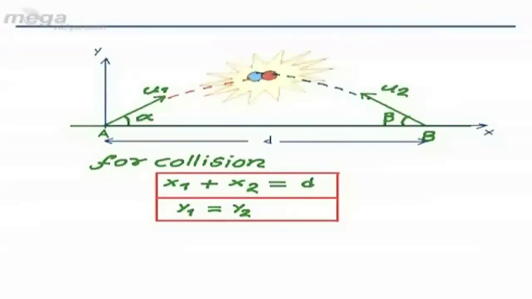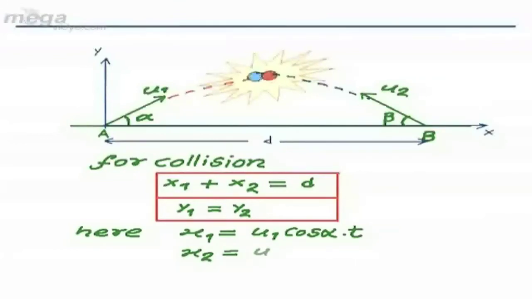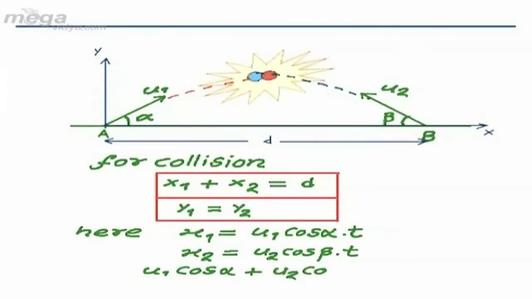We are using values of x1 and x2 as follows: x1 is equal to u1 cos alpha into the time t, and x2, in magnitude only, is u2 cos beta into t. By using these two equations, we can write that u1 cos alpha plus u2 cos beta, into time, must become equal to d.